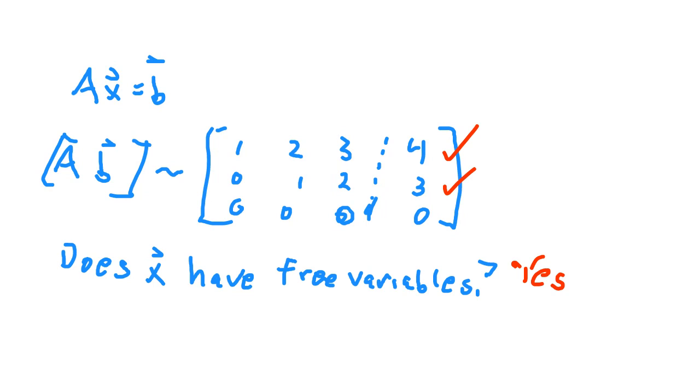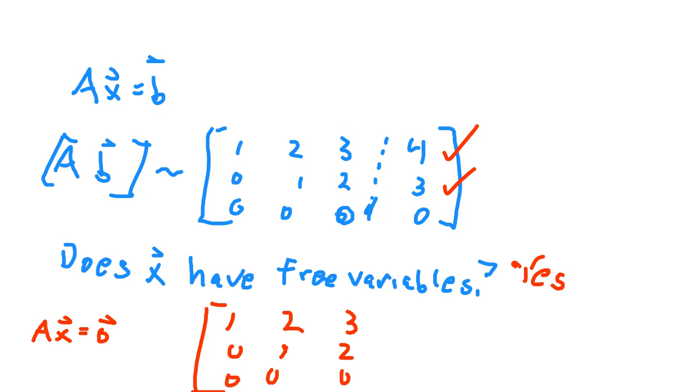Well, now if you were to solve the system AX equals 0, you would have the same coefficients on the left, but then you would have zeros on the right.